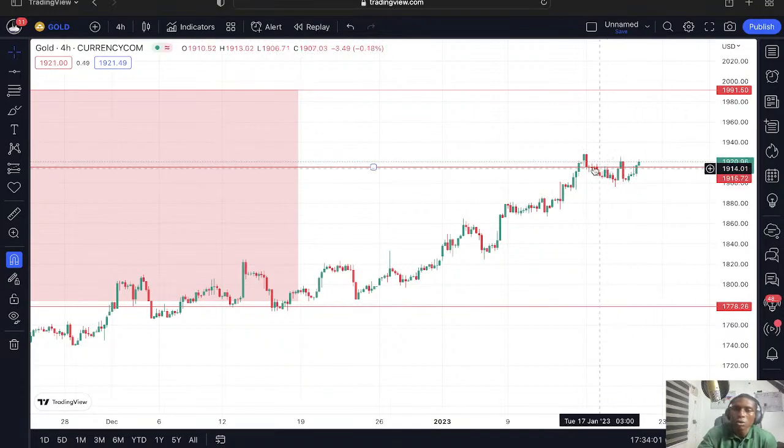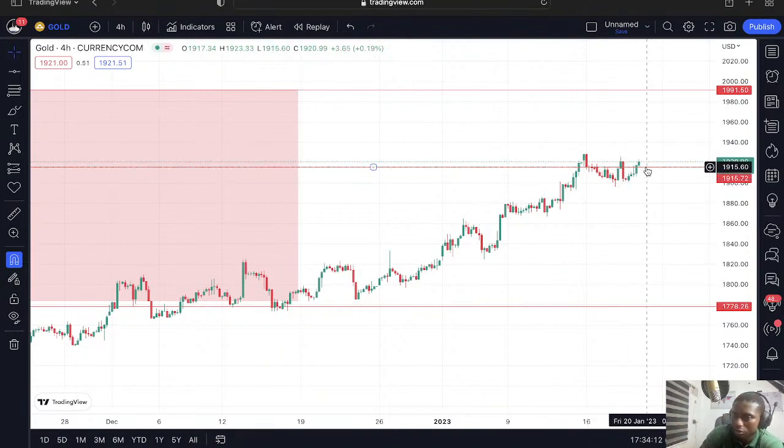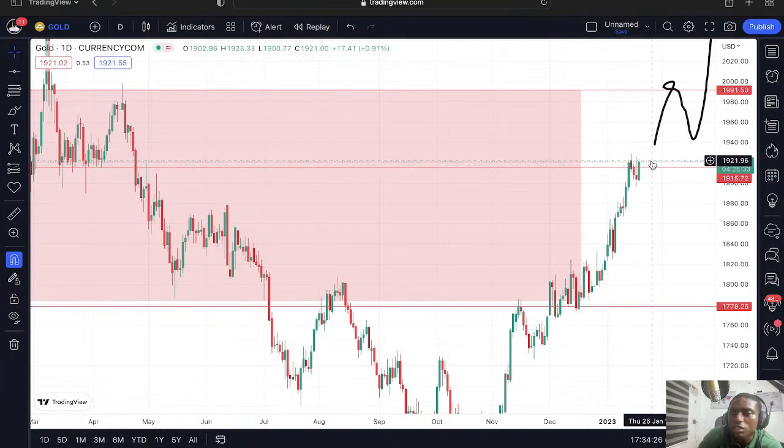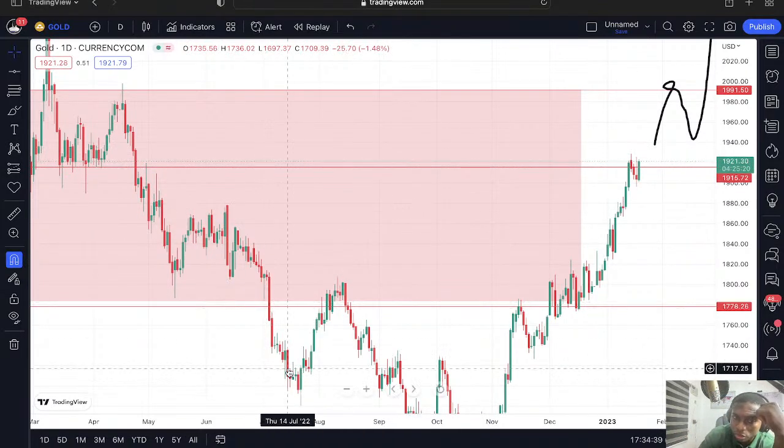Okay, so it has entered into the support region. Now the support region turned resistance region. Okay, has entered through it. Okay, so if today's candlestick on daily time frame closes, let me show you this. If today's candlestick closes above here and does not come down to this level, if it closes above where it is now or above it, all right, then the next candle would be bullish.